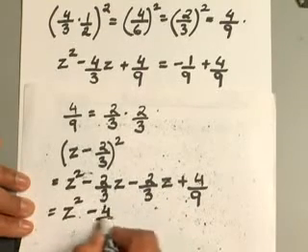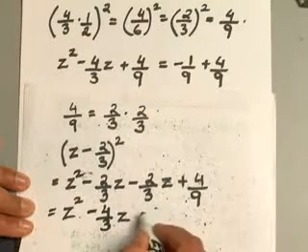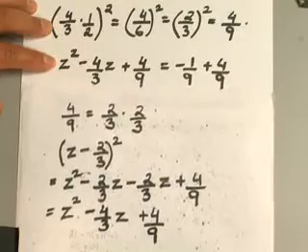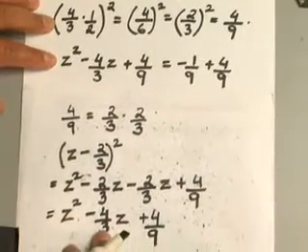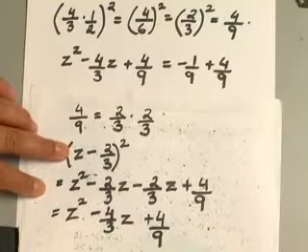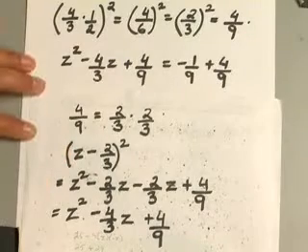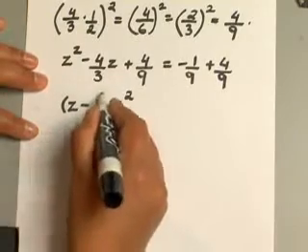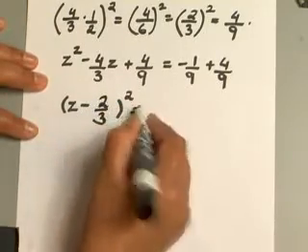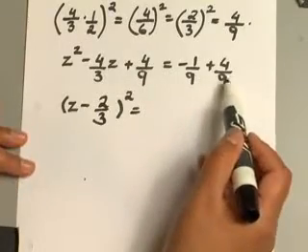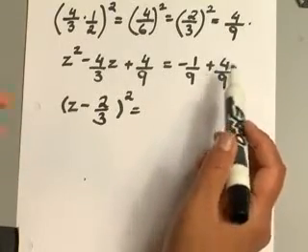Combine your middle terms, negative 2/3 and negative 2/3 give you negative 4/3 z plus 4 over 9, and that is what we were looking for, z squared minus 4/3 z plus 4 over 9. So z minus 2/3 squared will work for us, and so that will give us our left hand side.